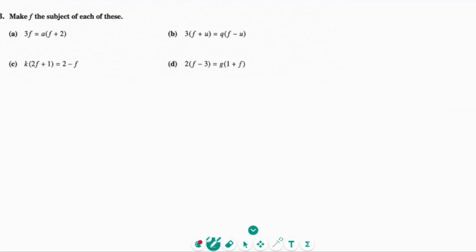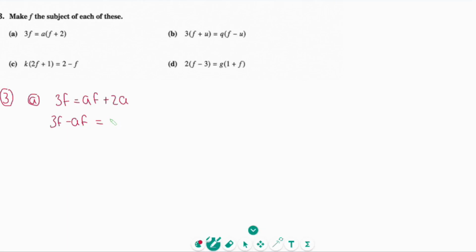Okay, question 3. Again, first step is we multiply out the brackets. Second step, anything with an f on one side, so I'm going to take af off both sides.